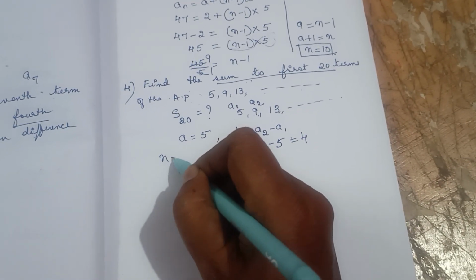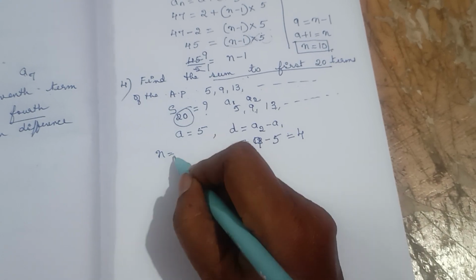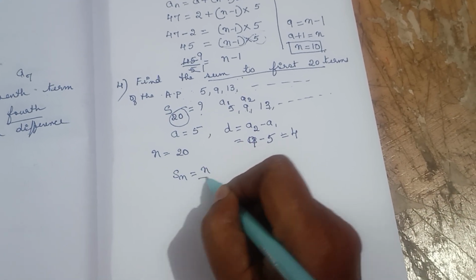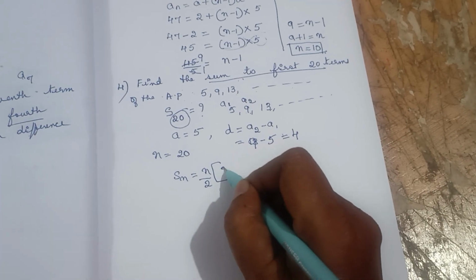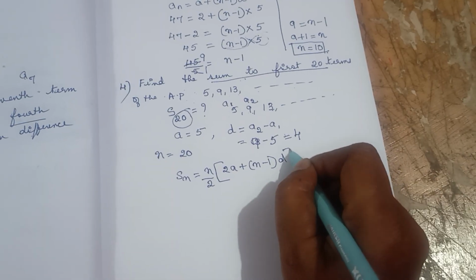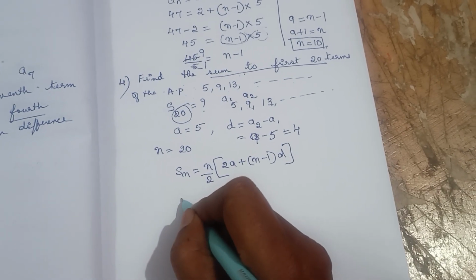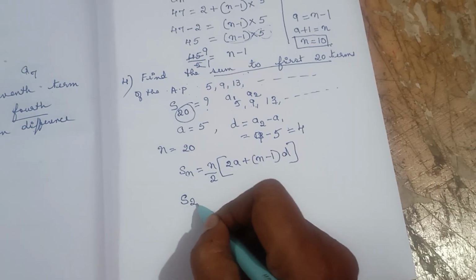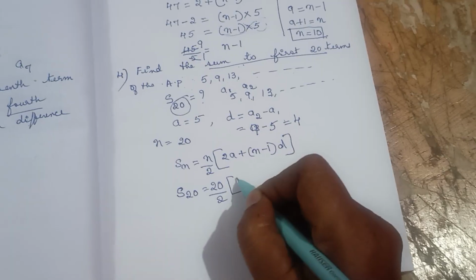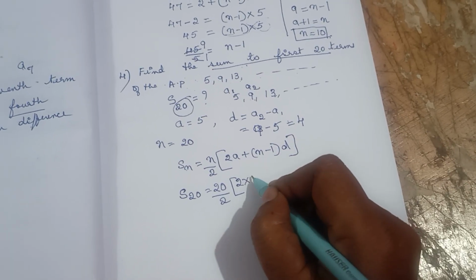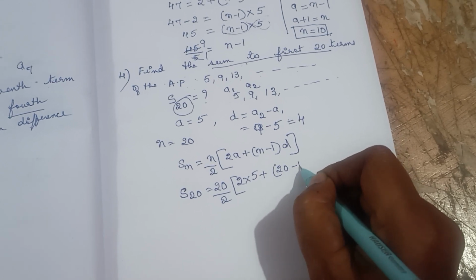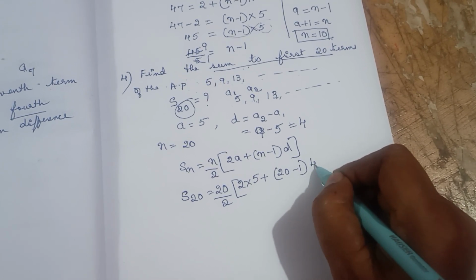So n from here is 20. So we go to the sum formula. Sn is equal to n by 2, open the bracket, 2a plus n minus 1 of d. In place of n I put 20. Wherever n is there, we substitute 20. Open the bracket. a is 5. 2 into 5 plus n is 20 minus 1 into d. d is 4.